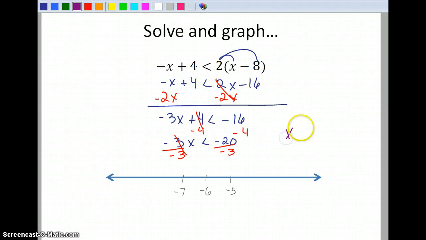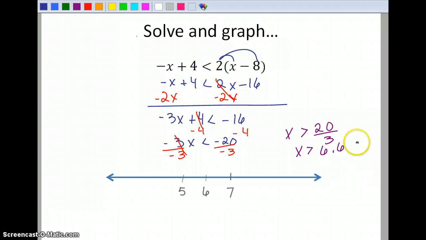So now I have x > 20/3. Hey, 20/3 in decimal form turns into 6.6. So x is greater than 6.6. That's about 6 2/3, so that should be about right here. Now I'm going to shade the area where it is larger, and it gets larger going to the right.